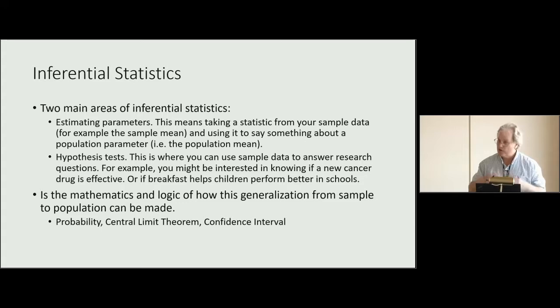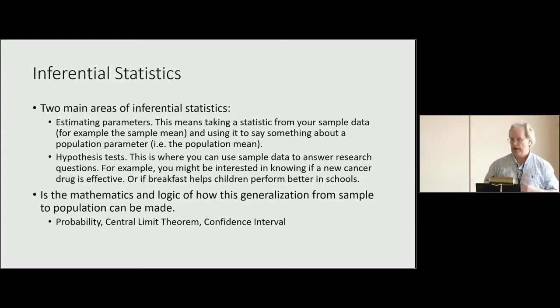A statistic, for example, the sample mean, is a variable. It is known. It's what we calculate, what we observe from the data, right? The population parameter, for example, the population mean, is a fixed value and is always unknown. We never know what the population parameter is, right?